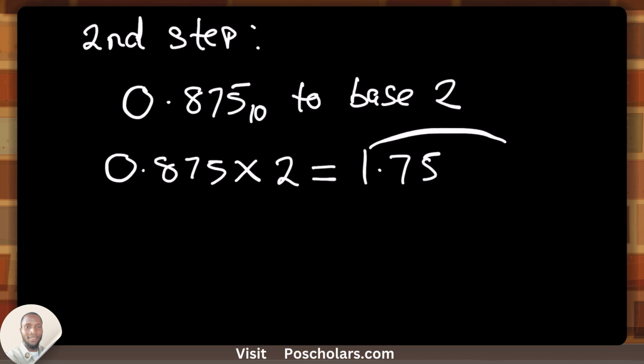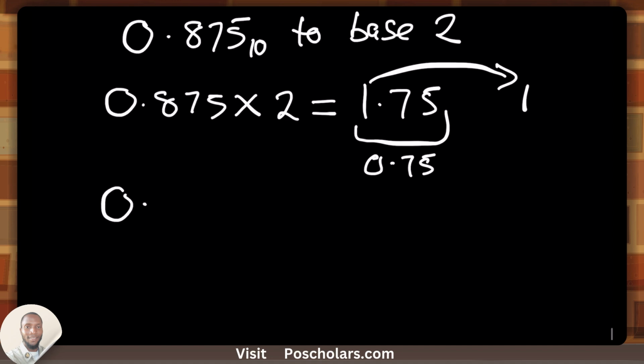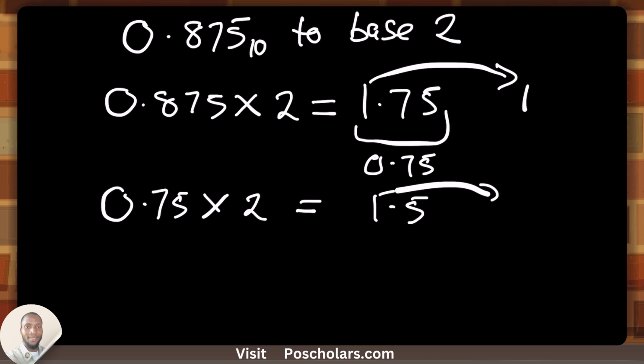Then we extract the whole part, which is 1. The decimal part is 0.75, right? So again, we'll say 0.75 times the required base, which is 2. When you multiply 0.75 times 2, you have 1.5. So you extract the whole part, which is 1. The decimal part here is 0.5, right?